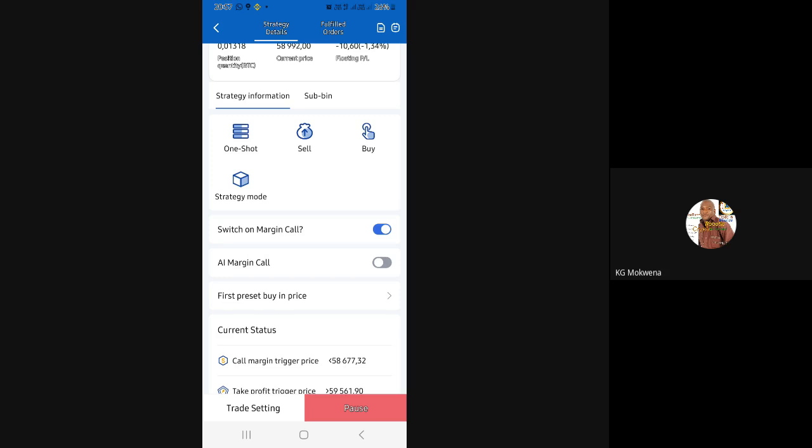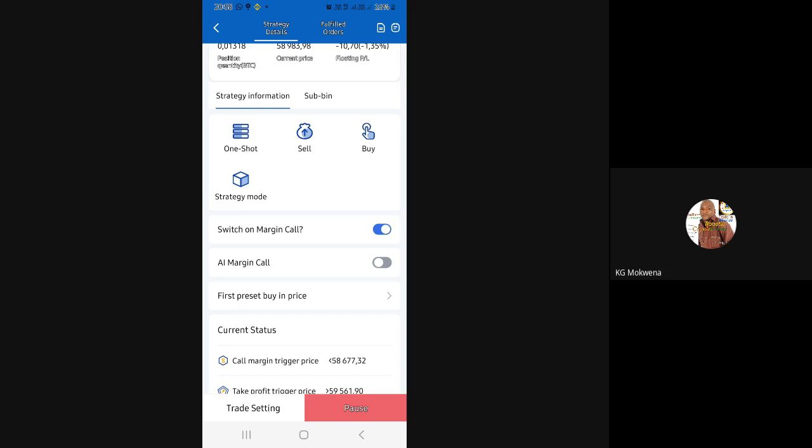It means when the market reaches $59,561, the robot is going to make him $3 or so. If he had gone in with 600, the robot was going to make him $6, for instance.